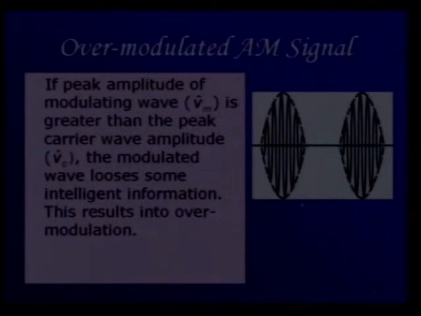This is not a very good way of transmitting a wave, where you are losing some data of your intelligent signal. So one should avoid the loss of data by over modulation, which means that you should always have your peak carrier wave amplitude greater than the peak amplitude of the modulating wave. So these are the different values of Ma and their implications.